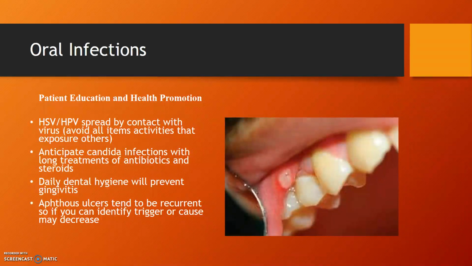Daily dental hygiene will prevent gingivitis, not only brushing but water picks and flossing. Aphthous ulcers do tend to be recurrent, so if the patient is able to identify the trigger or cause, it might decrease the occurrence of those very irritating oral lesions. Thank you very much.